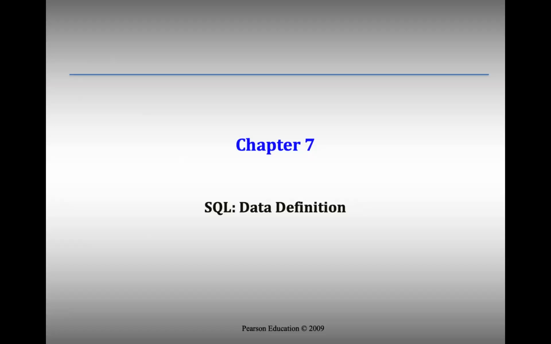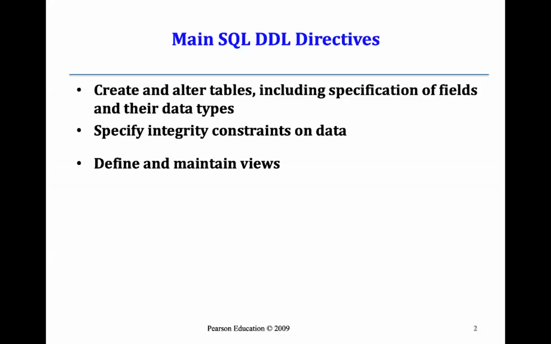Basically, data definition allows you to create and alter tables and specify the fields and their data types, specify integrity constraints on the data, and define and maintain views. Those are the 3 big things you do with the data definition language.